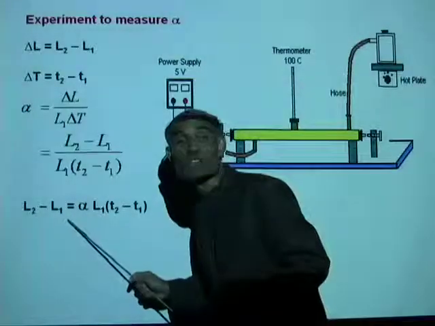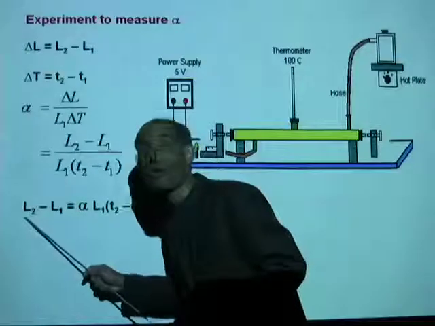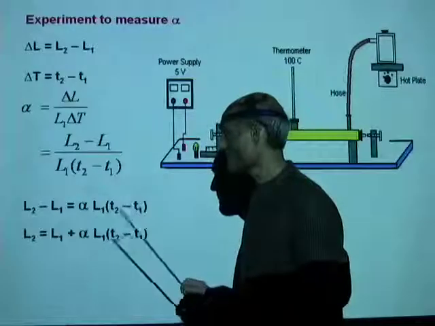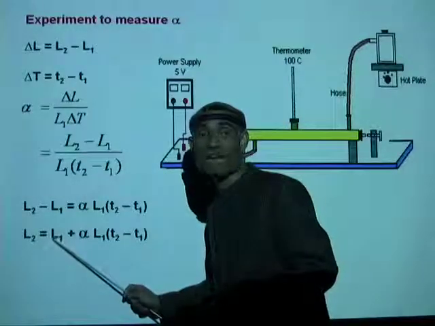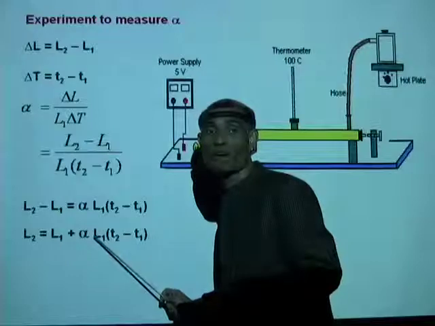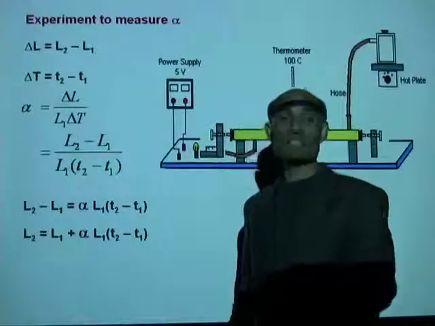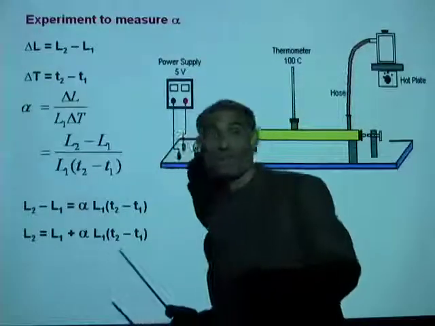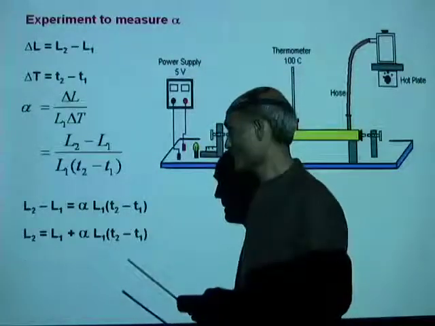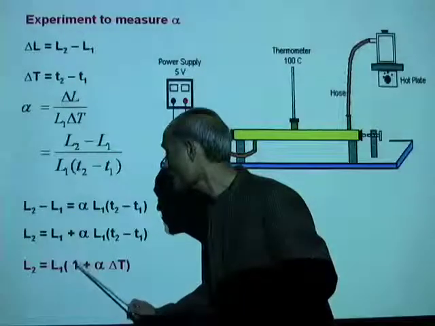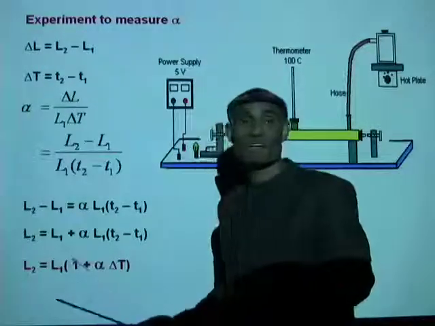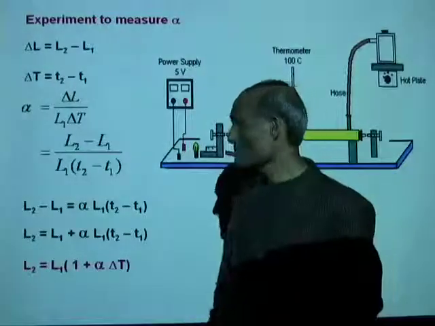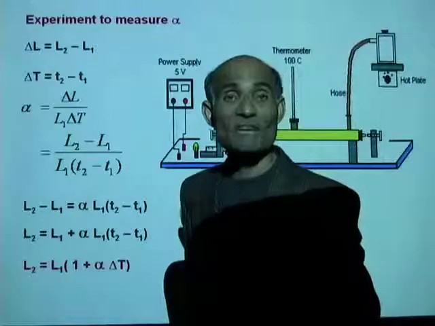And in this equation, we can solve for L2 if you move L1 to the right side. You have L2 equal to L1 plus alpha L1 times T2 minus T1. I can factor out an L1 on the right hand side. Let's do that. That will be L1 times 1 plus alpha delta T. L2 equal to L1 times 1 plus alpha delta T.